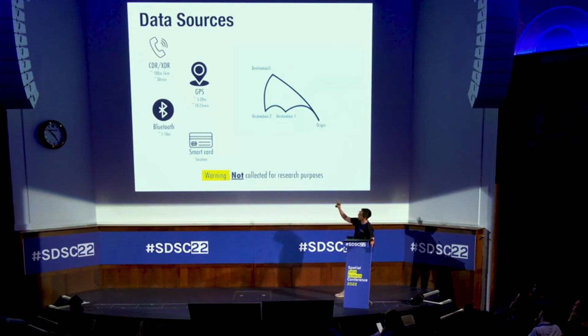From CDRs, for example, you get an origin destination matrix: aggregate data counting the number of people moving between an origin and a destination. With GPS, in addition to constructing origin destination matrices, you can also build the trajectories of individuals across different locations throughout the day. Bluetooth has similar capabilities, with very detailed data, and the additional advantage of being able to capture mobility in indoor places.